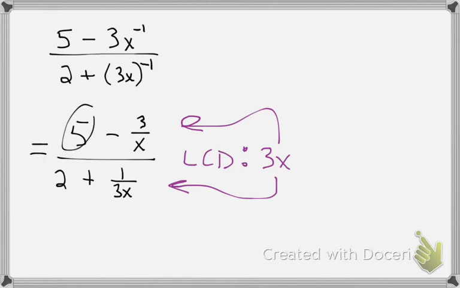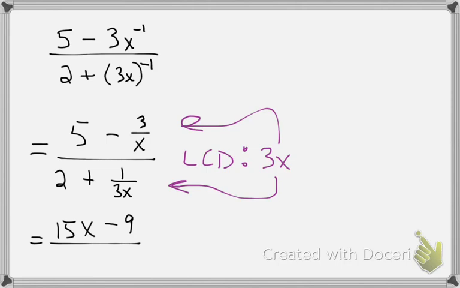So with the 5, does anything cancel? No, so we get 15x. With 3 over x, what cancels? The x, so we get 3 times 3, so minus 9. That's the numerator. Everybody on board?